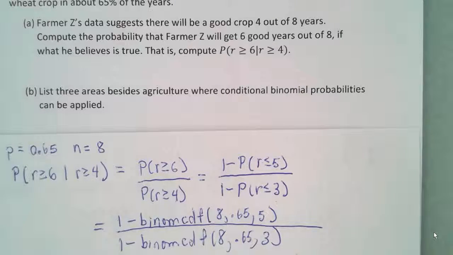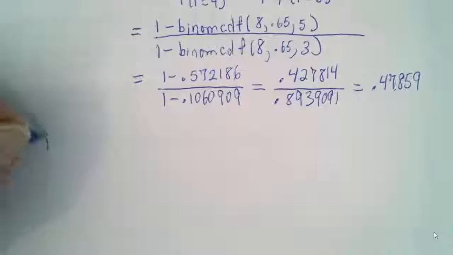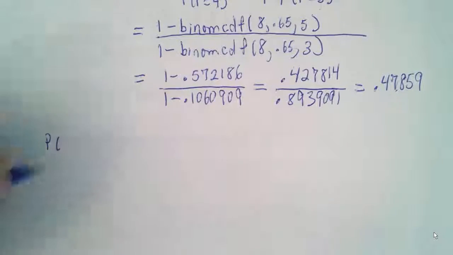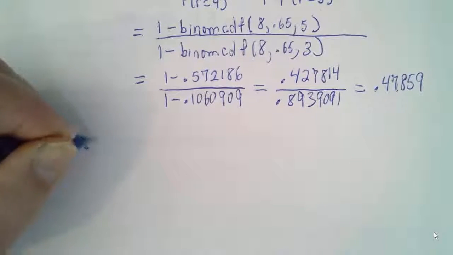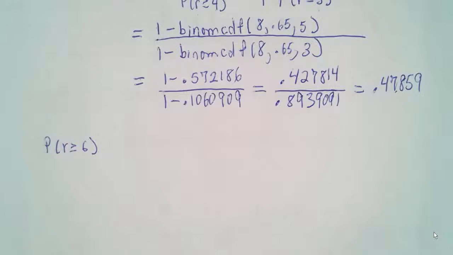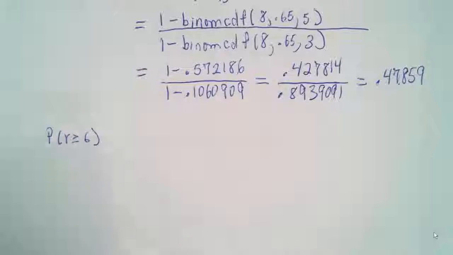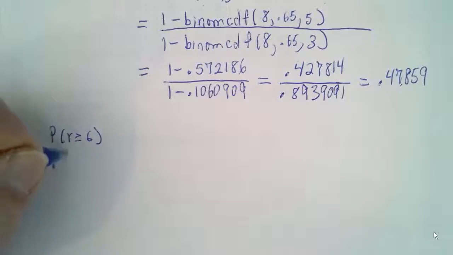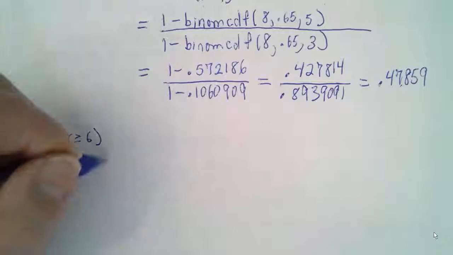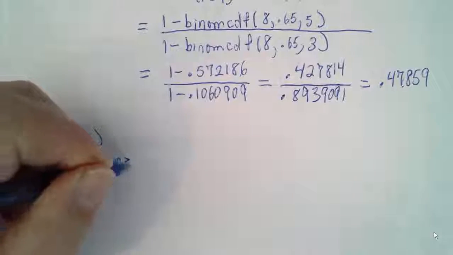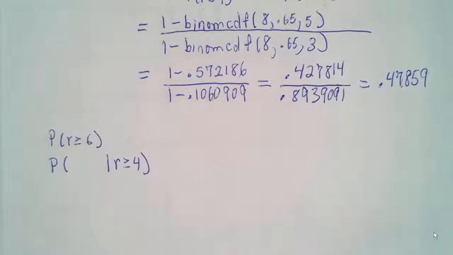What's the probability that at least 6 times I'll get a head? Well, that would be this kind of a question. What's the probability that R is at least 6? Well, suppose now that by some magical process you happen to know that when I flip the coin 10 times, that you already know for some reason that at least 4 of those are going to be heads.